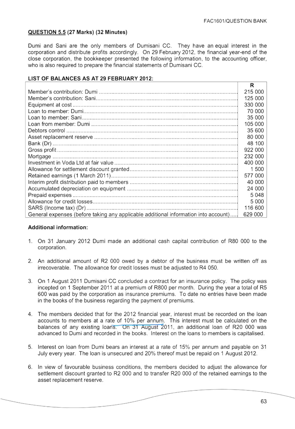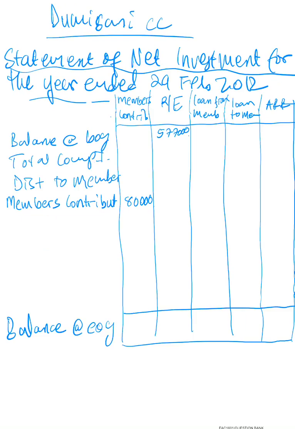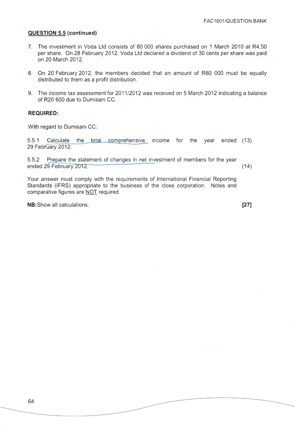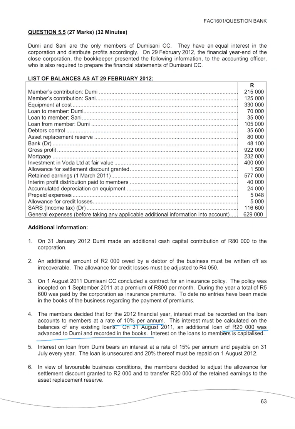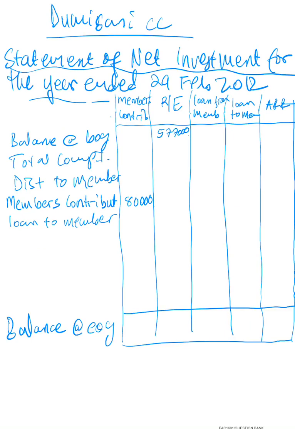So on that 1 August 2011, an additional loan of 20,000 was advanced to Dumi. So Dumi, we are going to give Dumi a loan. So we are saying loan to member. This was advanced to, so it's a loan to member of how much?